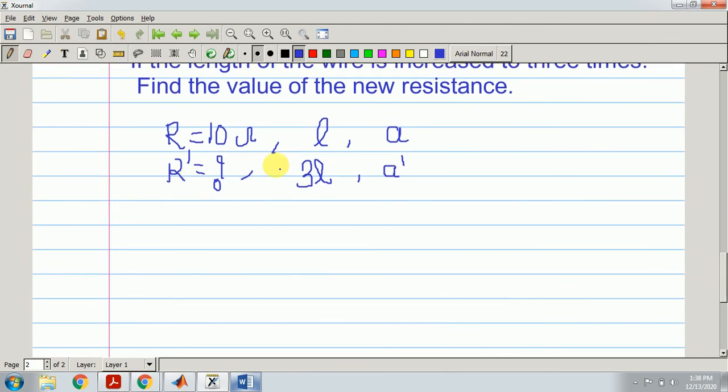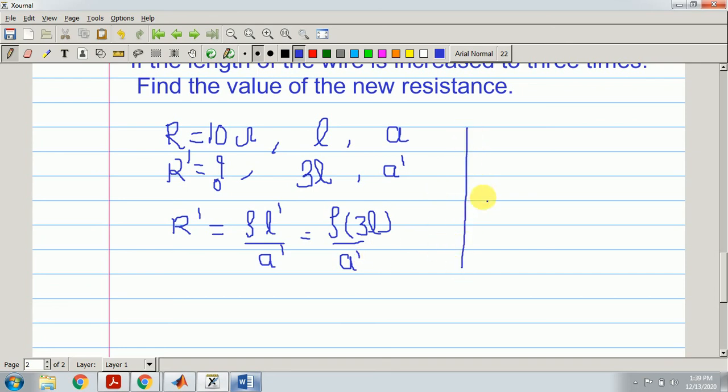In the question I have to find the modified value of resistance. I know that the modified value of resistance depends upon the specific resistance, which is rho, the length, which is L dash, and the area, which is A dash. With this I come to know that the length will be 3 times higher. But what about the area? So the area we have to work out.